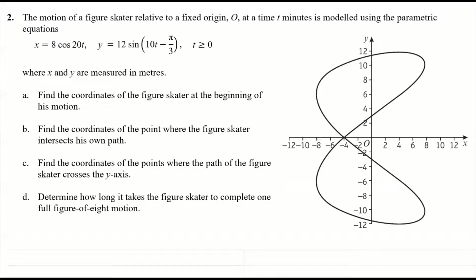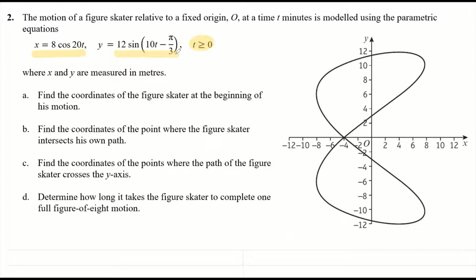So in this second example, we have the motion of a figure skater represented by 2 parametric equations. And you'll notice the parameter is time again, and time is defined from the point in which the clock is started. So t has to be greater than or equal to 0. The parametric equations are defined using trigonometric functions, as you can see.